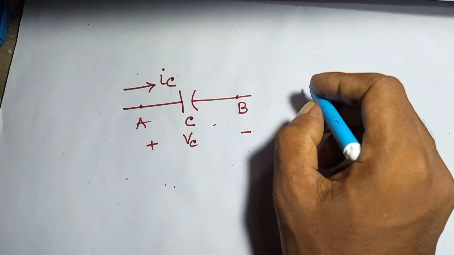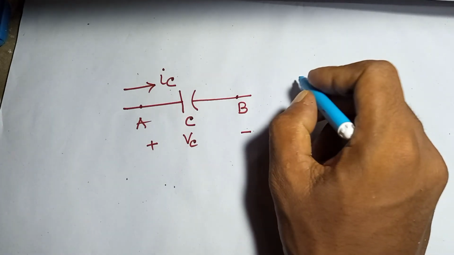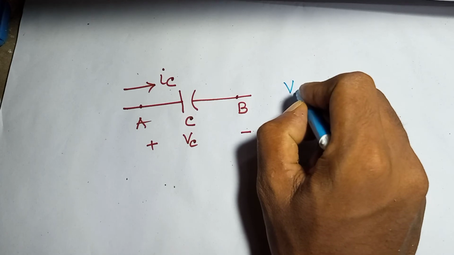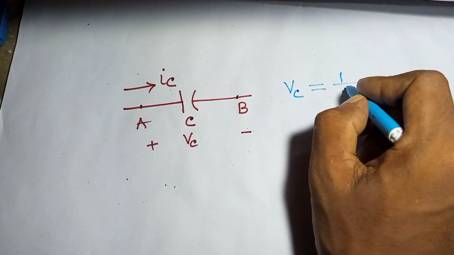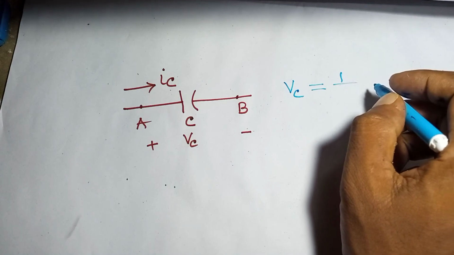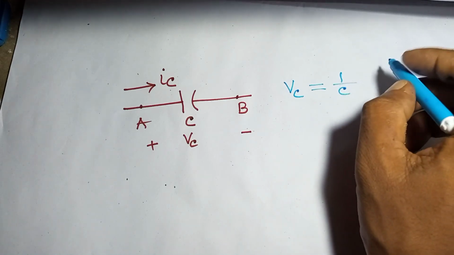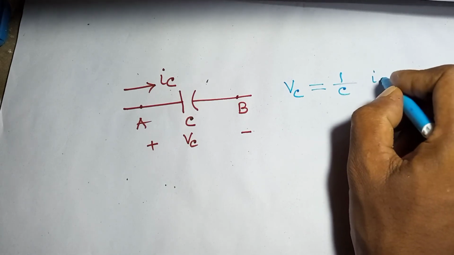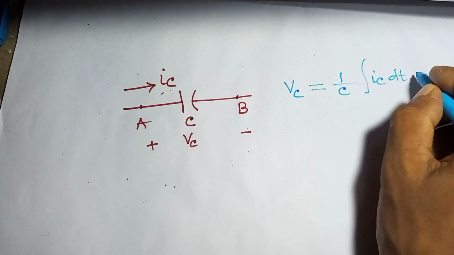The relationship is given by voltage across the capacitor is given by 1 upon C into the integration of the current IC with respect to time.